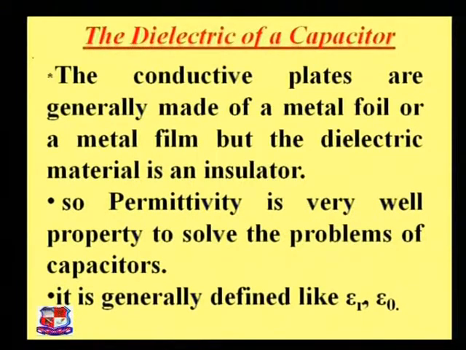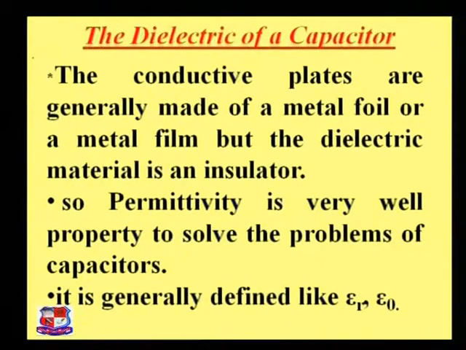The conducting plates are generally made of metal foil or metal film, but the dielectric material is an insulator. So the capacitor contains two materials. The two plates are conductors, and between these two conducting plates the material used is the dielectric, and dielectric is nothing but the insulator.